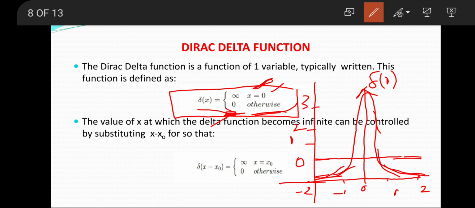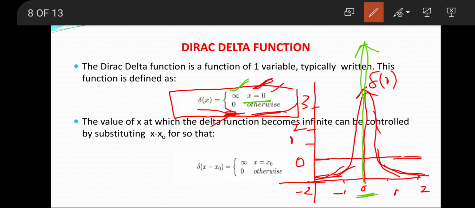If we observe this graph, the condition is at x equal to 0 the delta function goes to infinity. Delta x is infinity at x equal to 0 and otherwise 0.